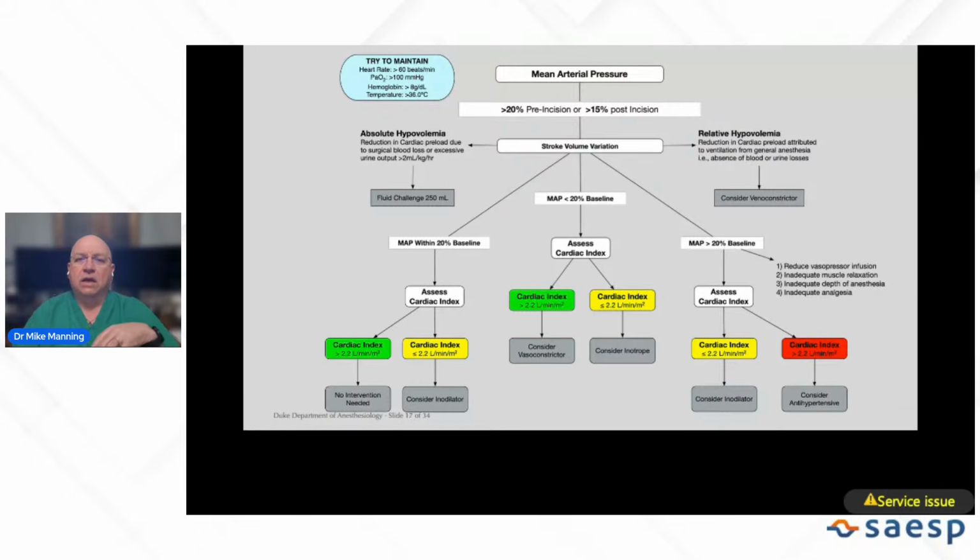And then I'll consider the underlying contractility and assess cardiac index. So is this something that needs fluid? Does this need an inotrope? Do I need to do something else? Do I maybe need to actually add a vasodilator?